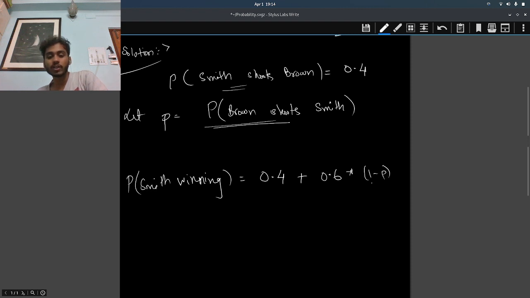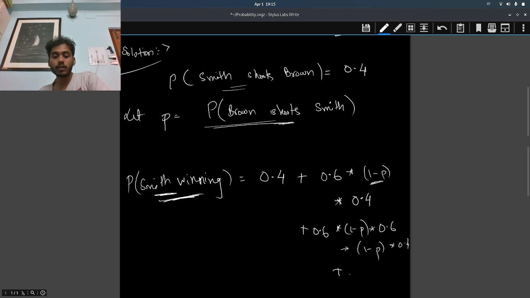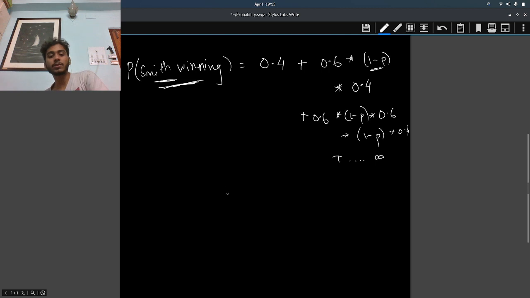That's a 1 minus P. Brown will have to miss, the reason being we are talking about Smith winning, right? So Brown misses and then Smith shoots. The next case will be Smith misses, Brown again misses, Smith again misses, Brown once again misses. Brown cannot shoot in this case because we are considering Smith to win, and so on, and this will go till infinity. That is pretty much clear, right?